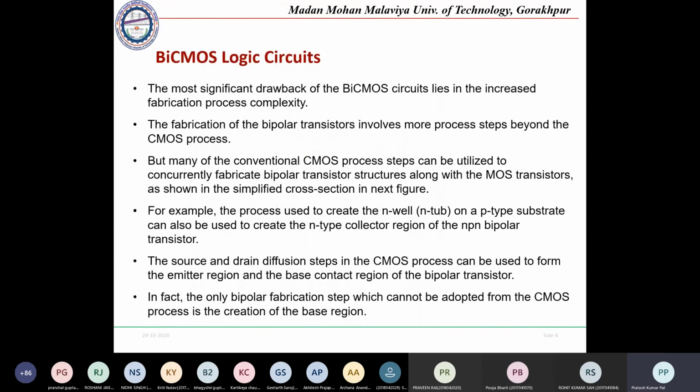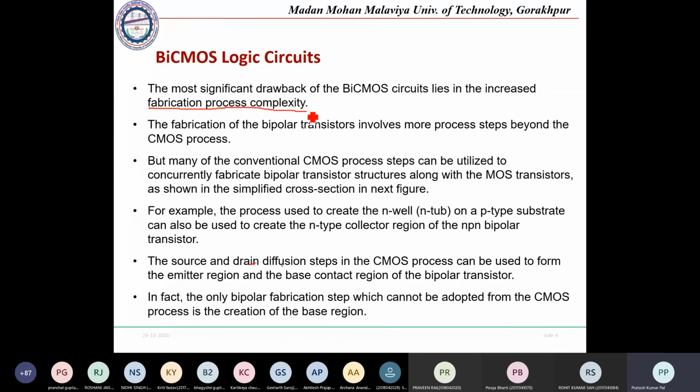Similarly, once we have seen the advantages, there will be some disadvantages also in case of the bi-CMOS logic. One of the most important disadvantages of bi-CMOS is that it will be having a complex fabrication process.